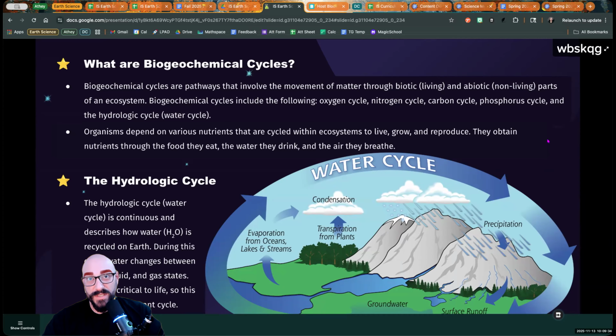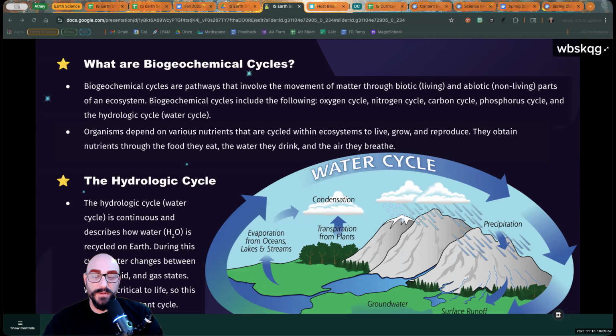The clouds precipitate various forms of water back to the earth, and then it runs off to various places, right? So it cycles between locations, it cycles between states of matter, right? Solid, liquid, gas. And water is super important for pretty much everything here on Earth, but especially for life.